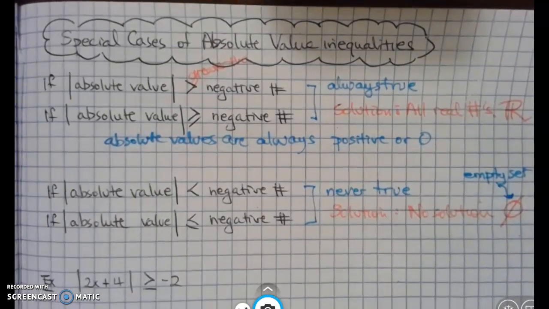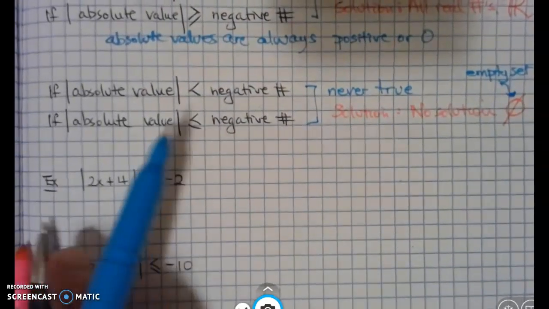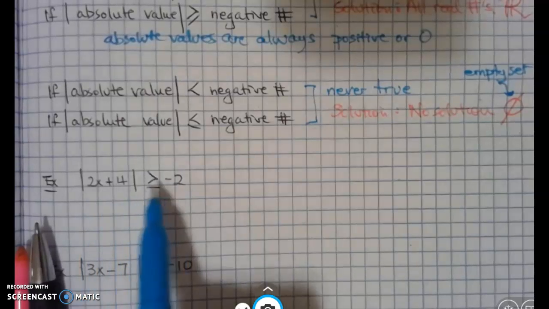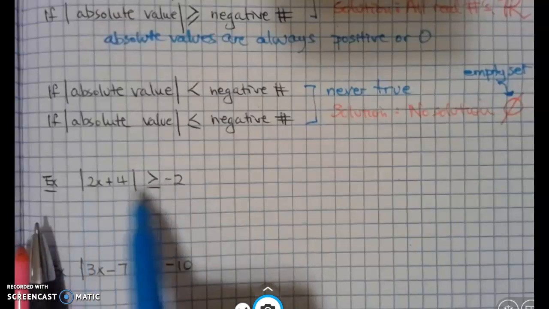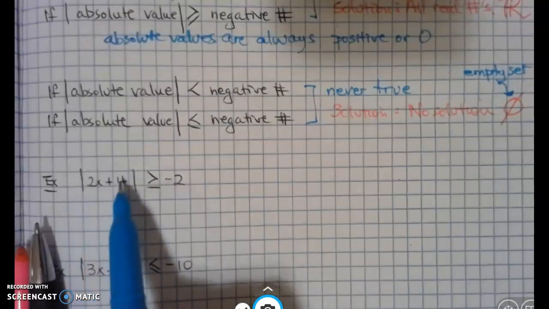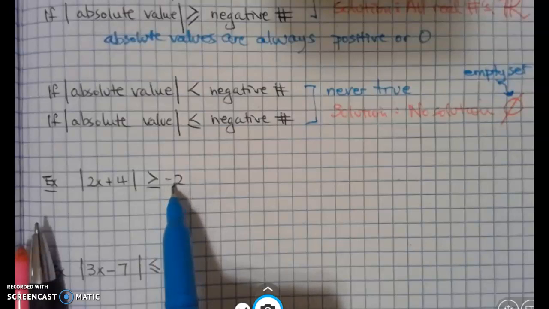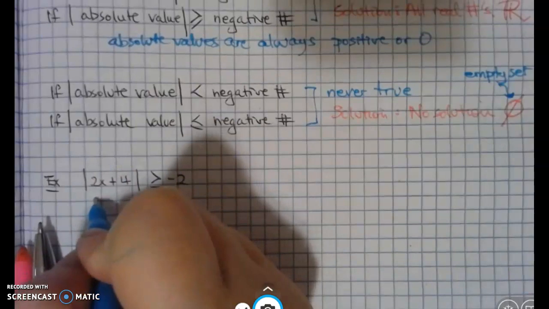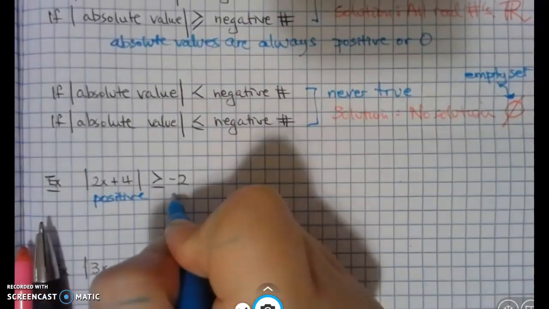Okay, so let's try some examples. If I have the absolute value of 2x plus 4 is greater than or equal to negative 2. Before you go into just following the steps, think about it. Can absolute value ever be not greater than or equal to negative 2? It's always going to be a positive number, and this is always negative.